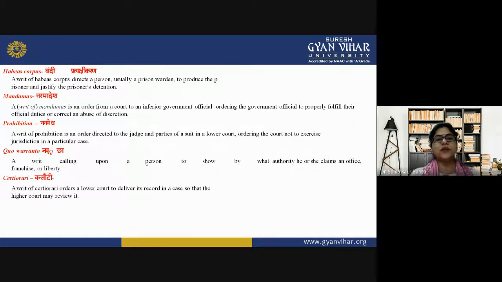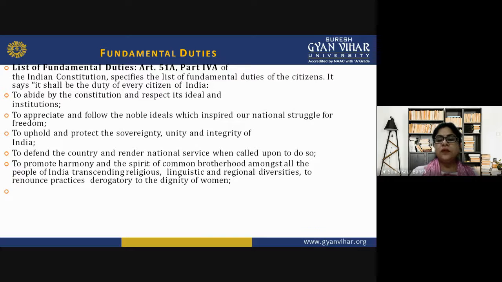Then it's about fundamental duties also, students, that is given in Article 51A, Part IV-A.